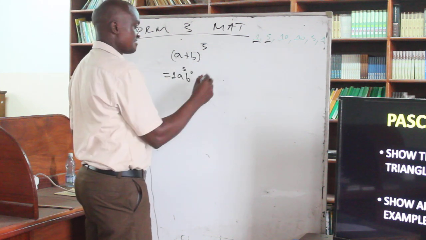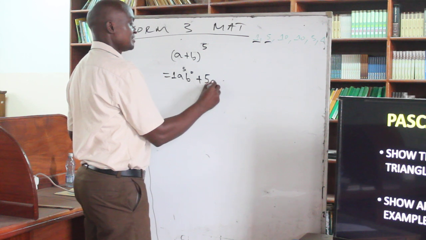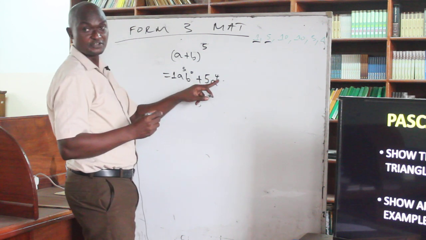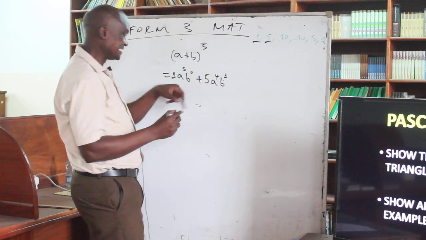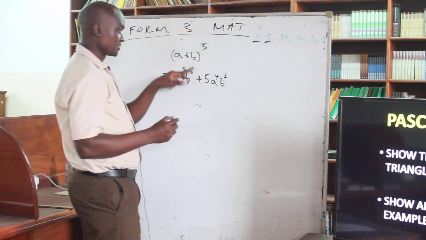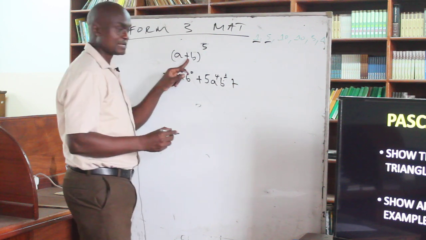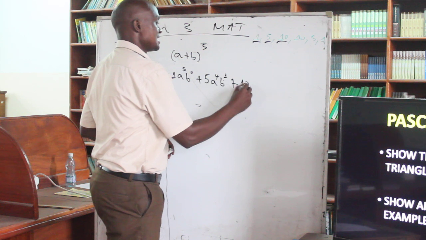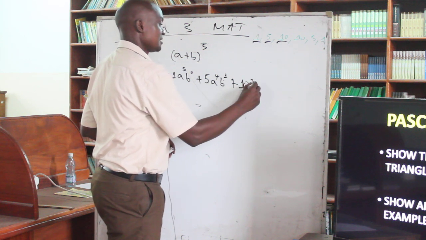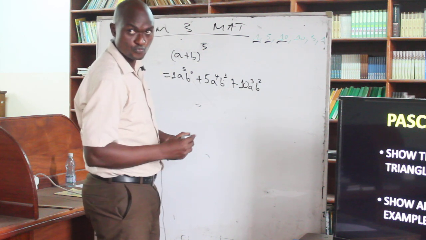Coefficient is 5. 5 a power 4, because this one reduces by 1, while b will be b power 1, it increases by 1 from 0. Plus, because it was plus here. The next coefficient is 10. 10 a power 3, b power 2.